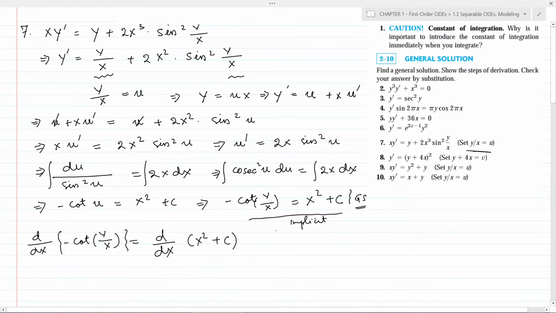This we get by differentiating the general solution both sides with respect to x, which implies the derivative of minus cot x is cosec square x.